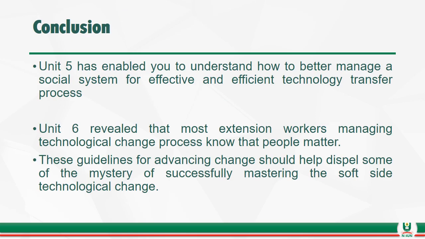In conclusion, Unit 5 has enabled us to understand how to better manage a social system for effective and efficient technology transfer process, while Unit 6 revealed that most extension workers managing technological change process know that people matter. These guidelines for advancing change should help dispel some of the mystery of successfully mastering the soft side of technological change.